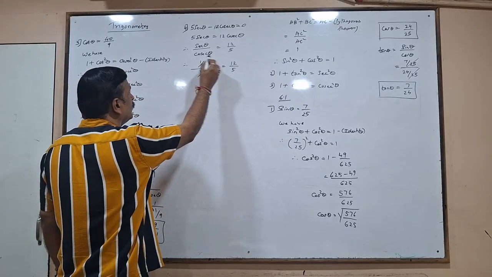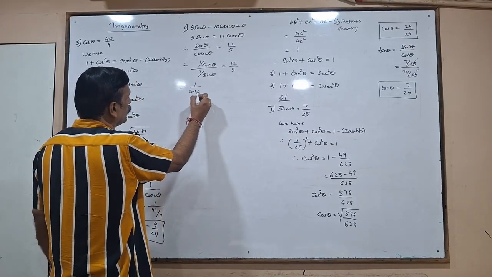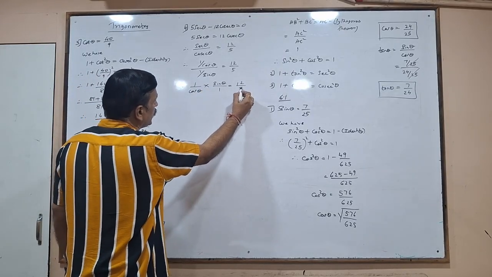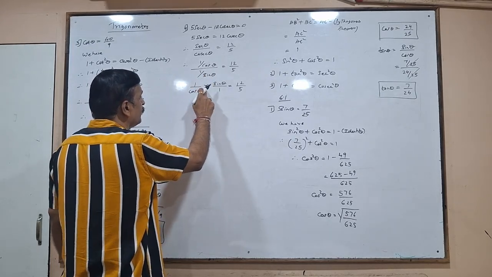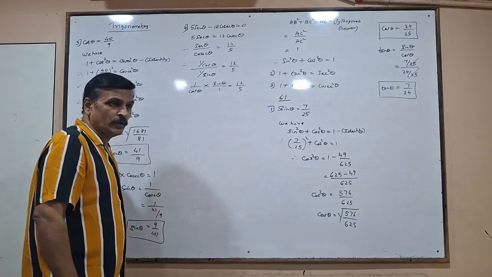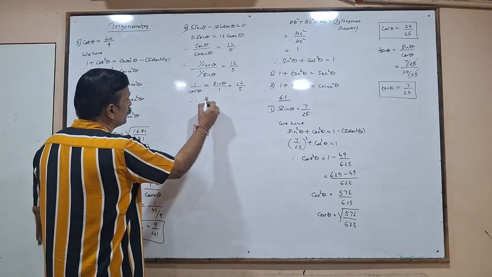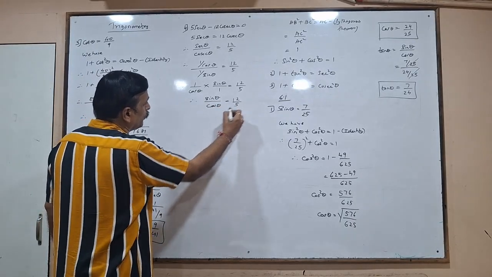This denominator will go to the numerator, or else I'll put one more step: 1 upon cos theta into sine theta upon 1 is equal to 12 upon 5. Division by any number is multiplication by its reciprocal. That is the rule of maths, right? So I did the same, and we got sine upon cos is equal to 12 upon 5.